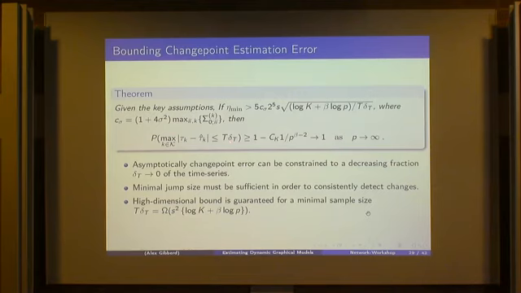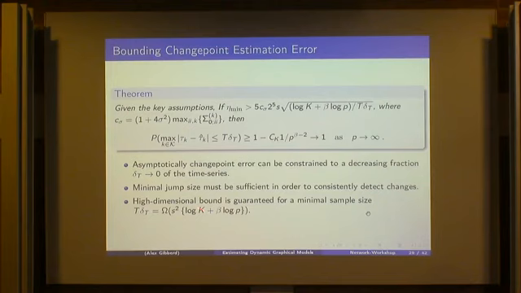To see what rate you are getting for the change point estimate, typically people divide both sides by T to look at a ratio. So if I divide here, delta over T is roughly square root of log k plus beta log p over T.